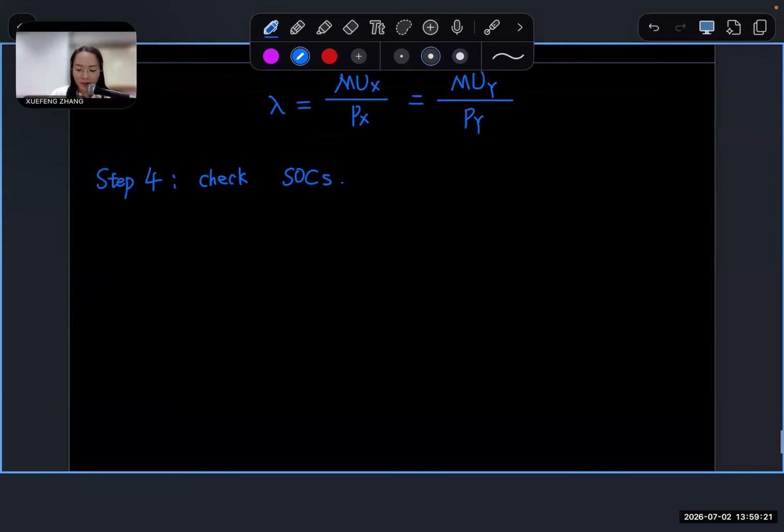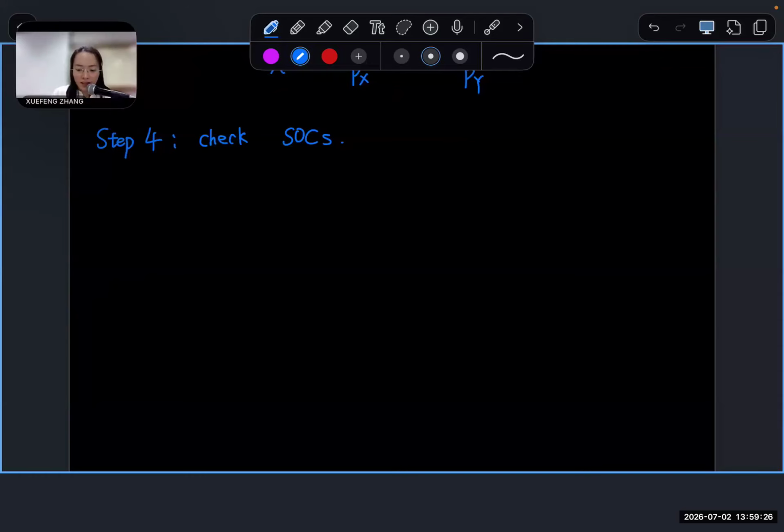Because as you may know, first order conditions just find where the slope equals 0, because we take the derivative and set it to 0. But it could be a maximum, a minimum, or a saddle point.